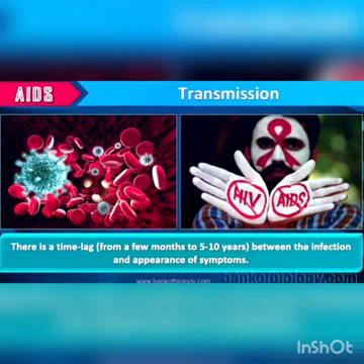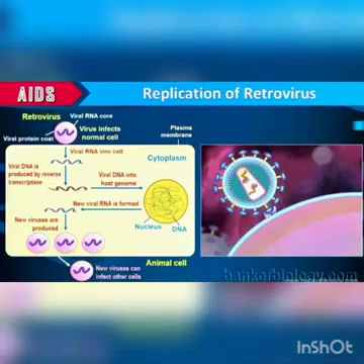Now, how does the retrovirus replicate? First of all, the retrovirus has an RNA. You can see in the picture the purple viral protein coat and the deep purple RNA. Now the RNA will enter the cell.